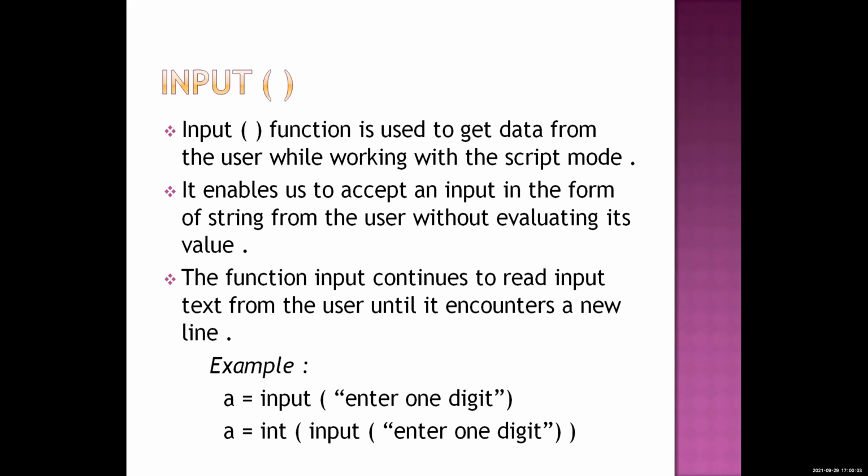The function input continues to read text from the user until it encounters a new line. An example of input is A is equal to int, input, enter one digit in the bracket. Thank you, ma'am. That's all.